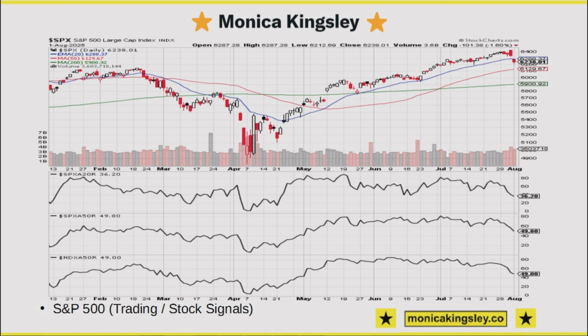However, as I had commented to clients, there had been an initial fly in the ointment that the interest rate sensitive place did not rally on rate cutting expectations.